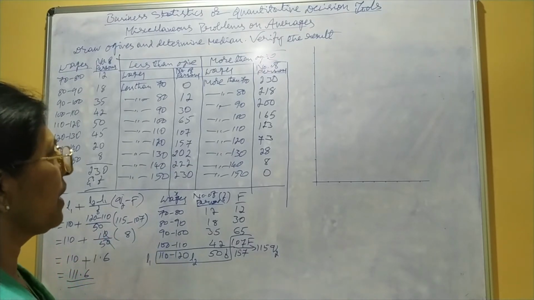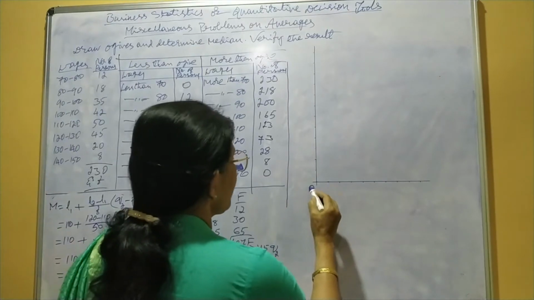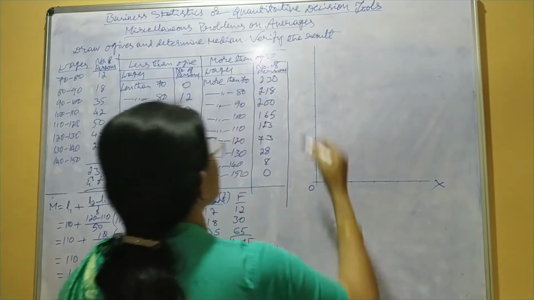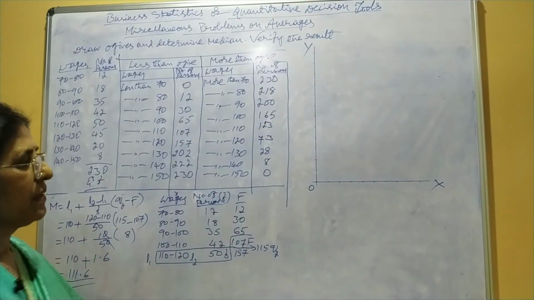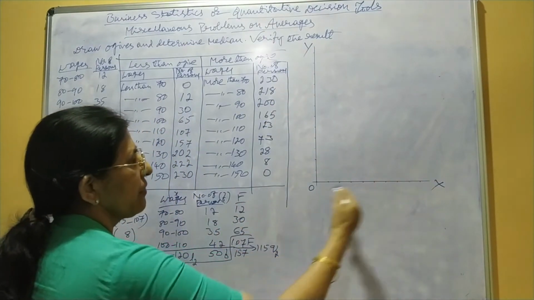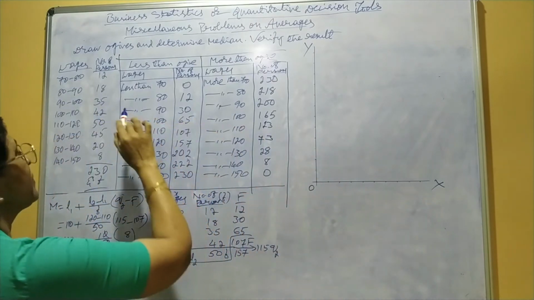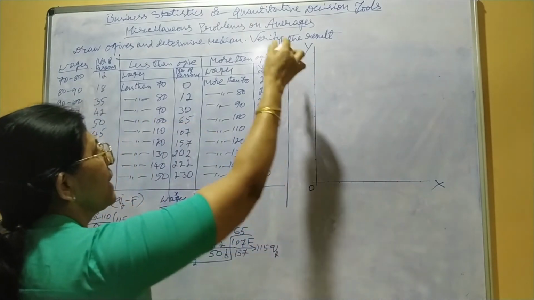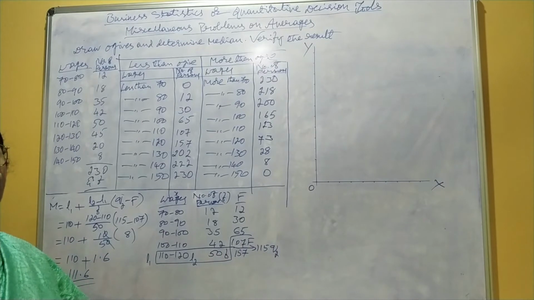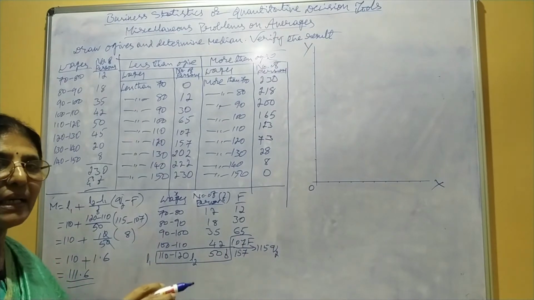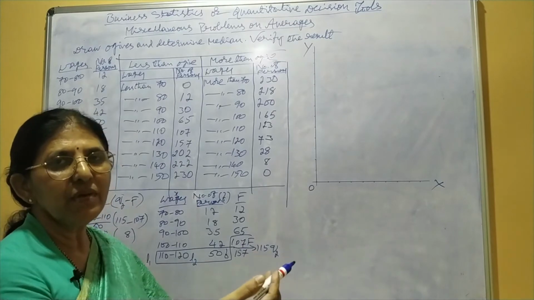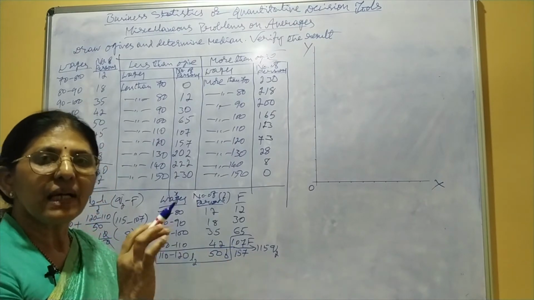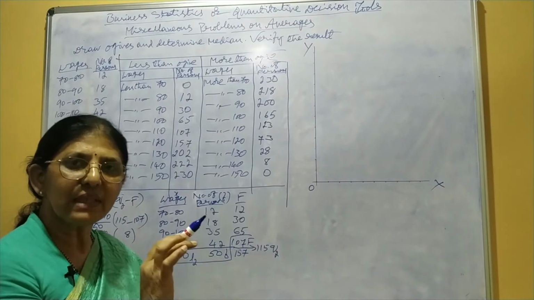more than. Now, we take variables, that is wages, to the x-axis and cumulative frequencies to the y-axis. And like in the case of mode, here also for the x-axis, the class interval itself is the scale.